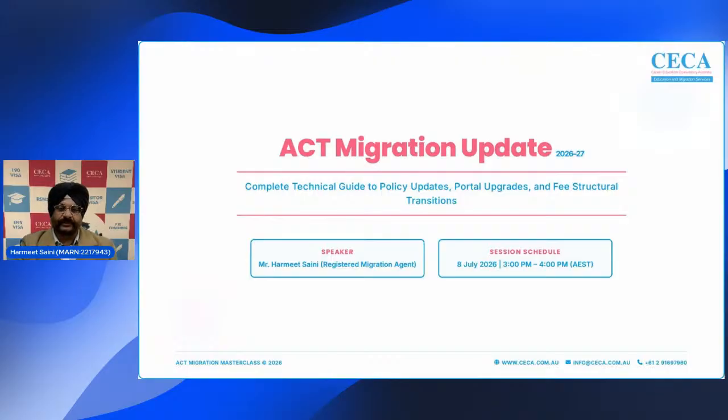I am going to discuss the strategy the government followed in the previous financial year and what they're going to introduce in the next financial year. I'm also going to give the complete technical guidelines for the policy update and portal update they're going to implement by next month, the fee structure transition, and how the old profile will be transited to the new system.